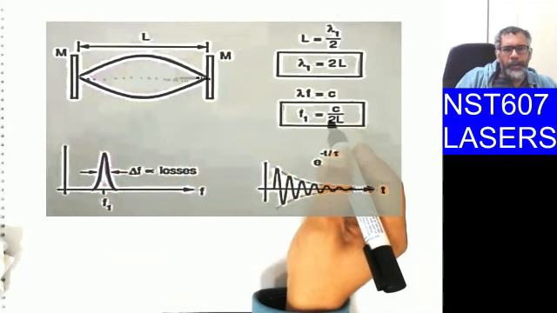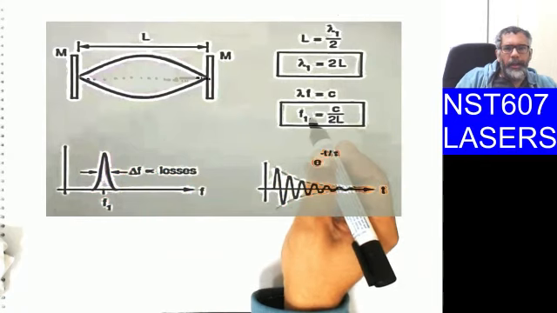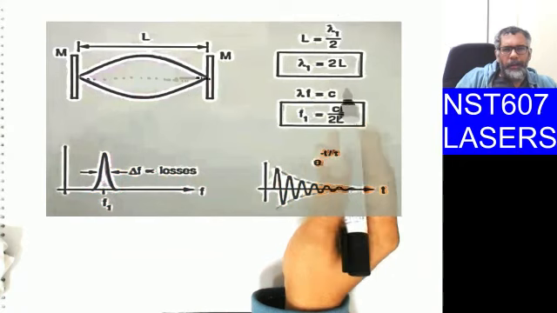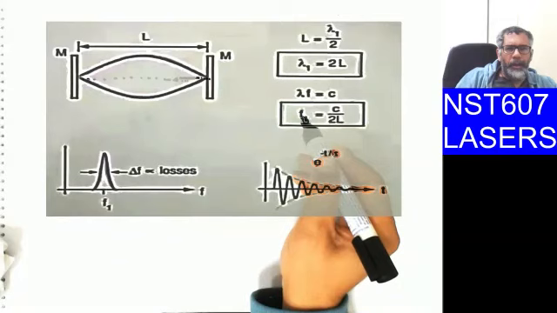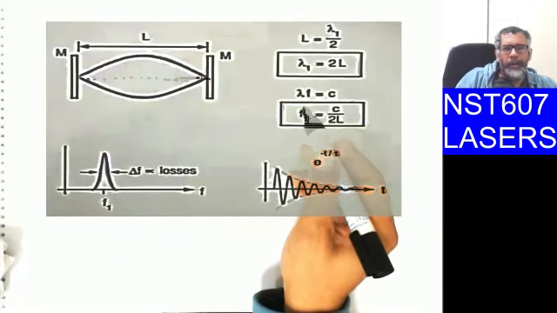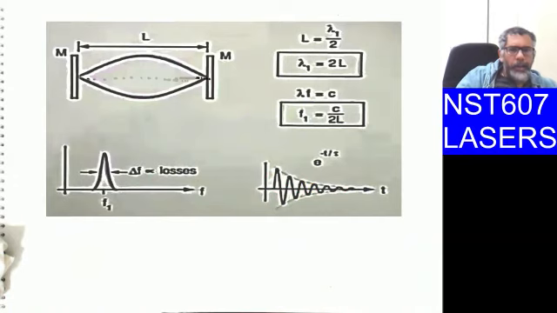The frequency is going to be just c divided by 2L. If this is the largest wavelength, this is going to be the smallest frequency. Obviously you will have larger frequencies, and I will discuss this. So I will stop over here.